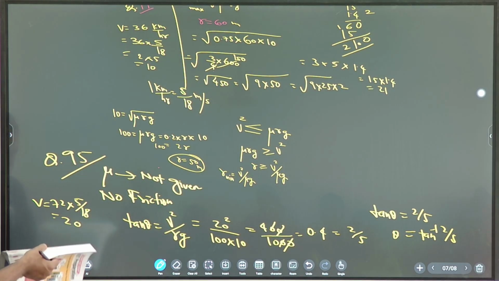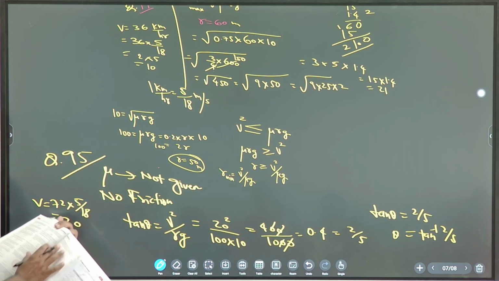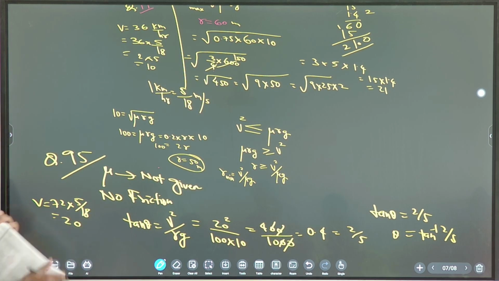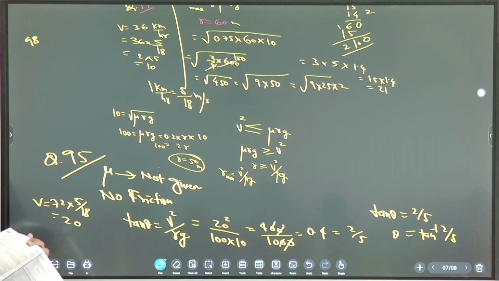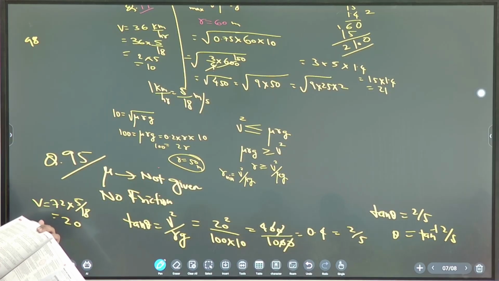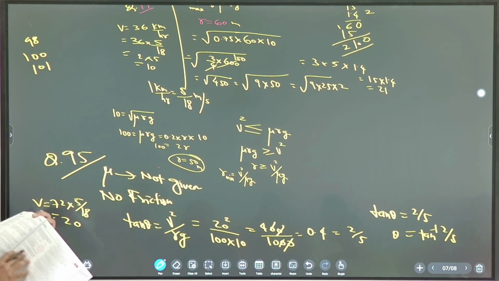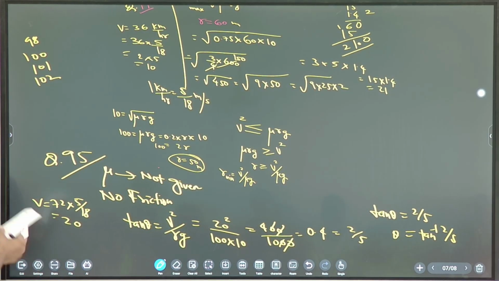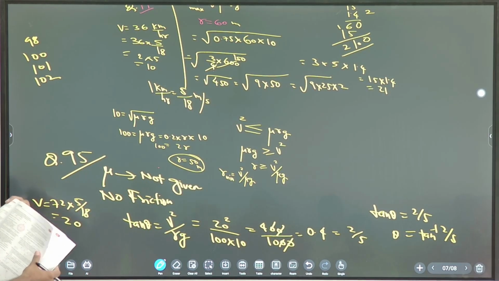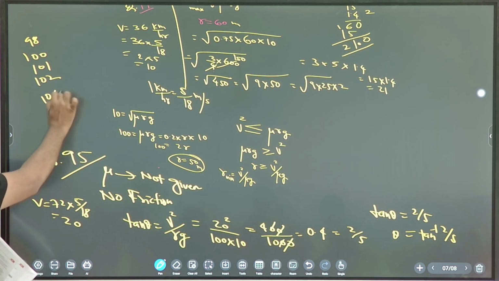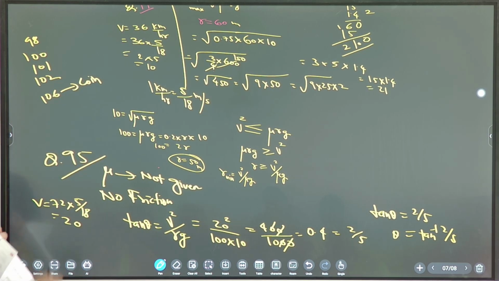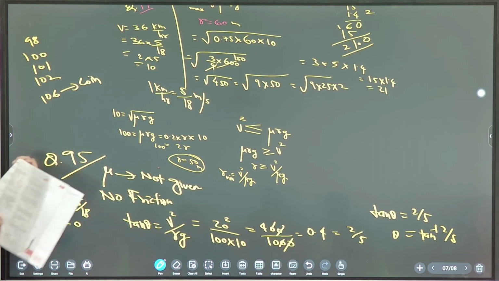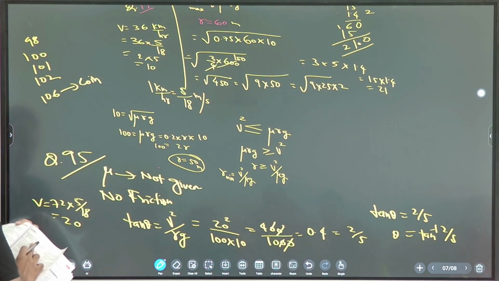Now 98, solve 98. Then 100, 101, 102, 106. 106 is a coin question. Remember coin question? Slip. 109.